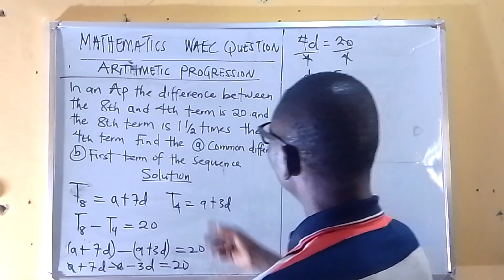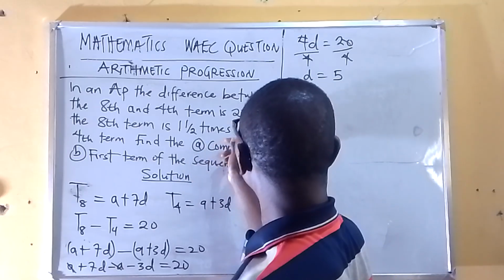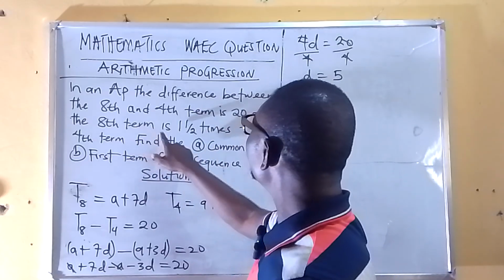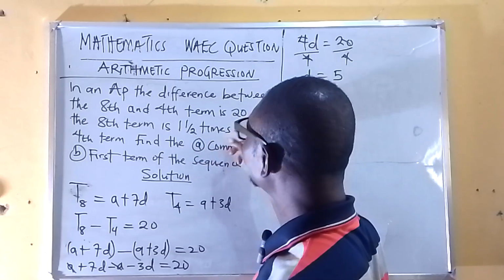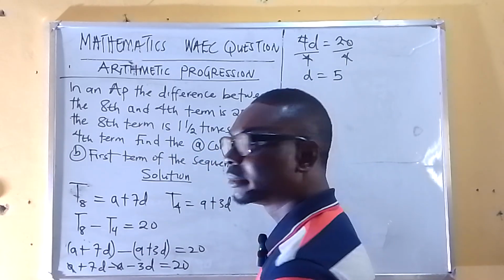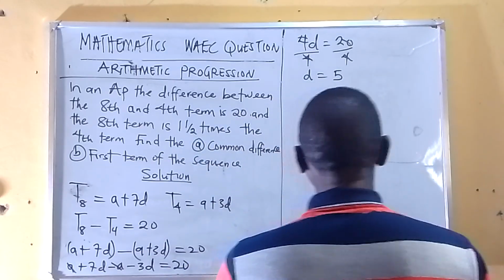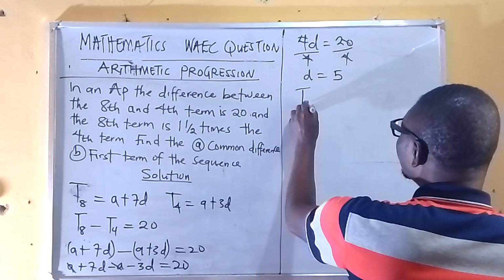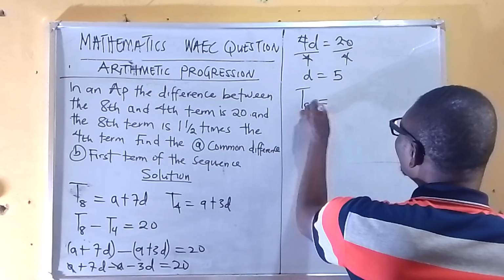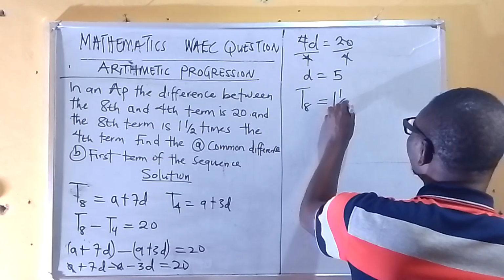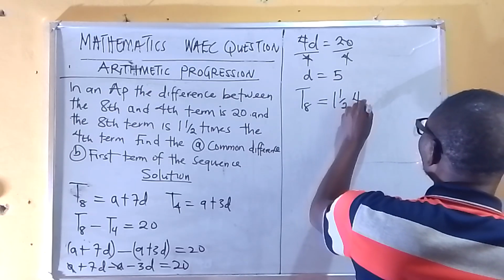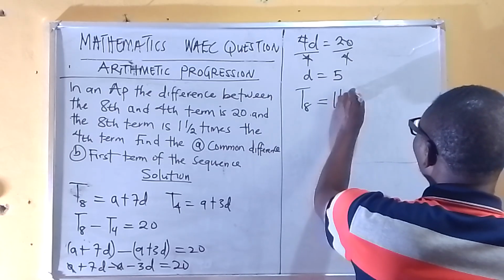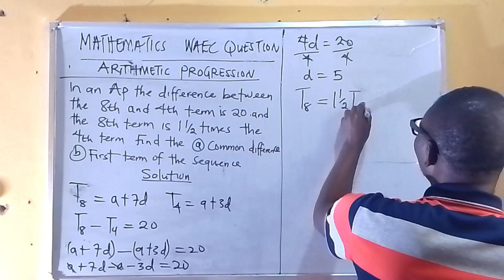Now, the question goes further. It says that the 8th term is 1.5 times the 4th term. The 8th term is equal to 1.5 times the 4th term.